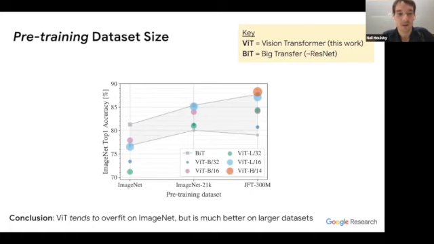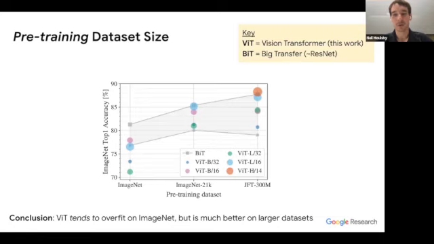So this figure shows the same plot as we saw earlier for big transfer, except that the BiT big transfer results are shaded in this gray region, and the ViT vision transformer is now the points. And on ImageNet, vision transformer performs significantly worse.